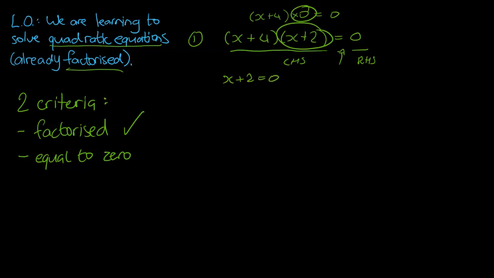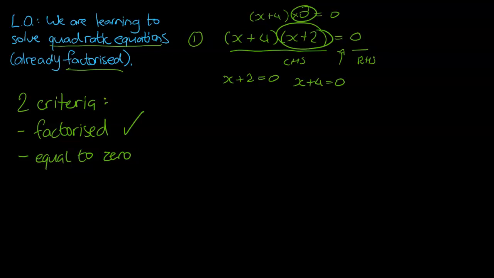So hopefully you can see what I mean by that. And the same is true for the opposite, if x plus 4 is equal to 0, 0 times the x plus 2 is also going to be 0. So what we're trying to say here, and this is why there's two solutions, is if either bracket is 0, 0 times the other bracket is going to be 0.